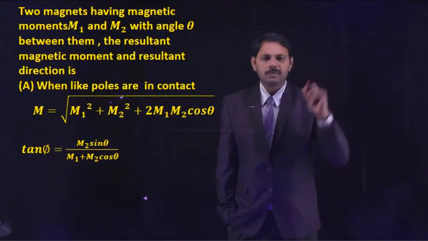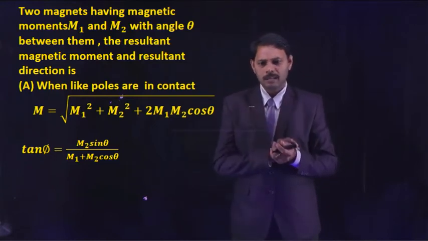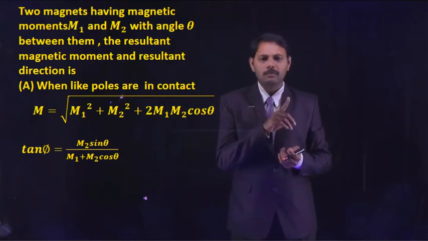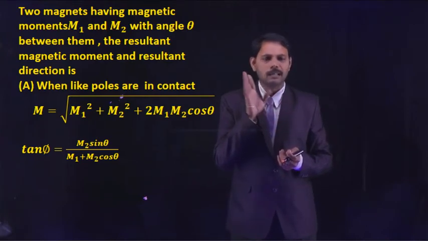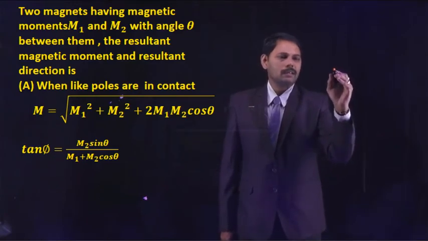Students, next we have to find the net magnetic moment when two bar magnets of magnetic moments M1 and M2 are kept at an angle theta with each other. Suppose, let us consider one bar magnet.